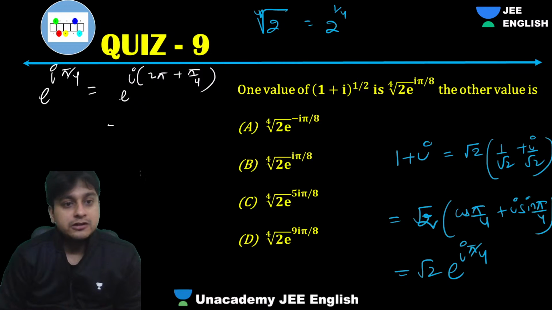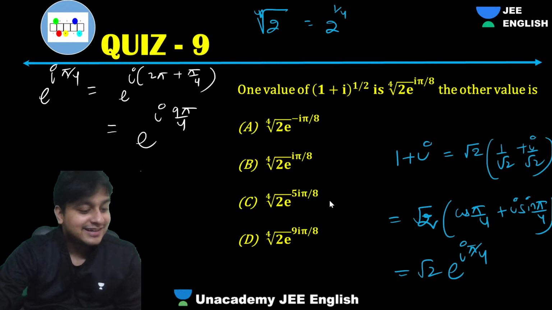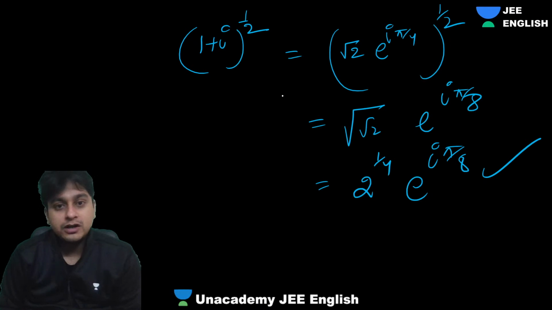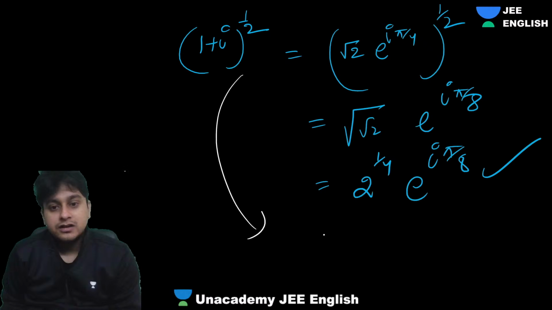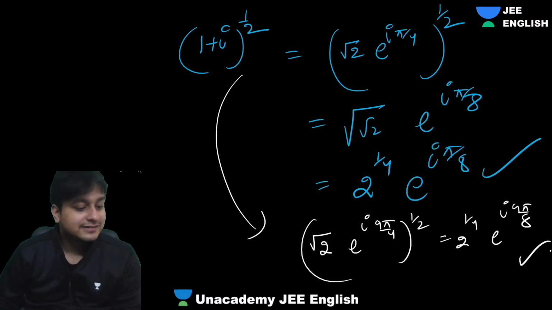So we can also write it as e power i 9 pi by 4. So the next step is to write it as e power i 9 pi by 4. The second thing is you can write this as root 2 times e power i 9 pi by 4 whole power 1 by 2. It should give us root of 2 again, 2 power 1 by 4 e power i 9 pi by 8. Understood?